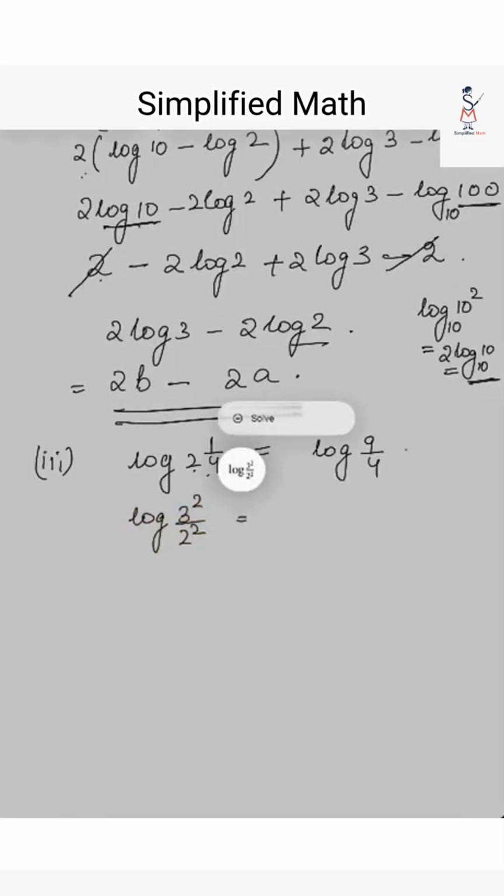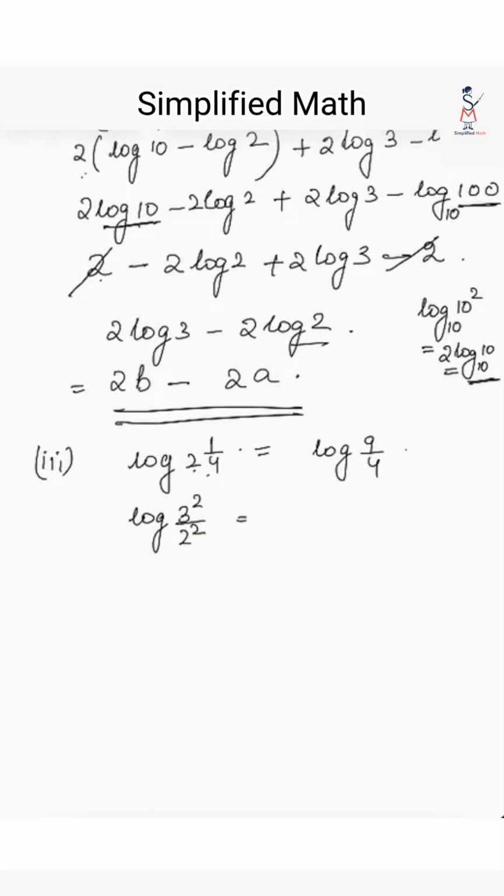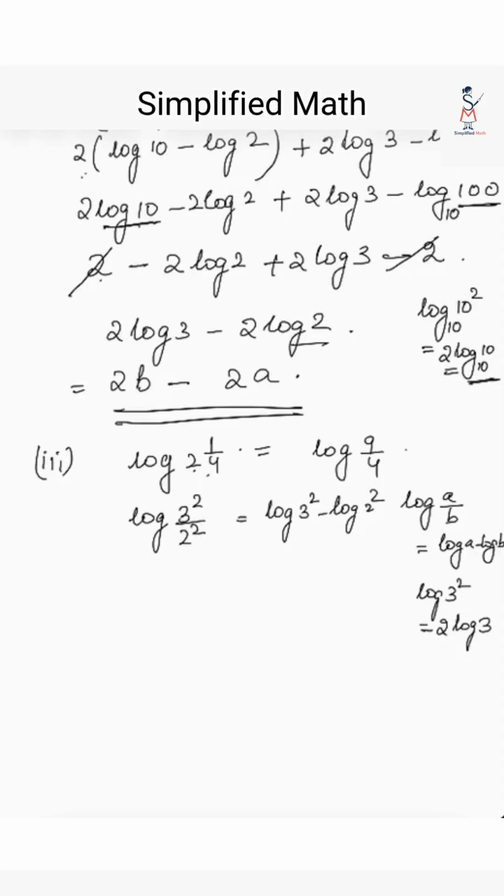Now the value of log 3 square by 2 square is log a by b, and log a by b is log a minus log b. So this will be log 3 square minus log 2 square. Any log, if it has a power, the power comes in front. So this can be written as 2 log 3 minus 2 log 2. Okay.